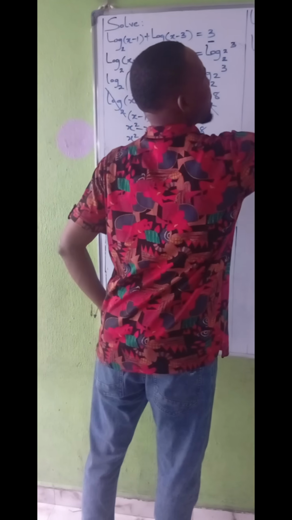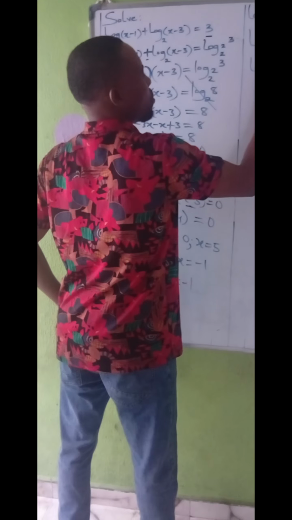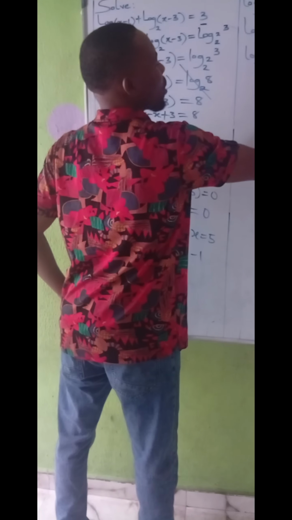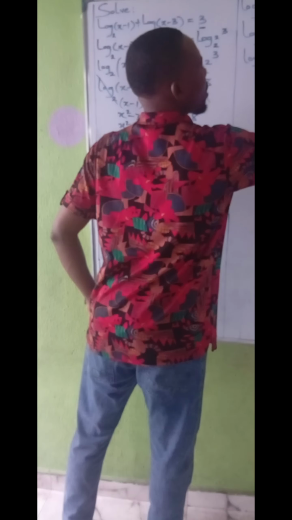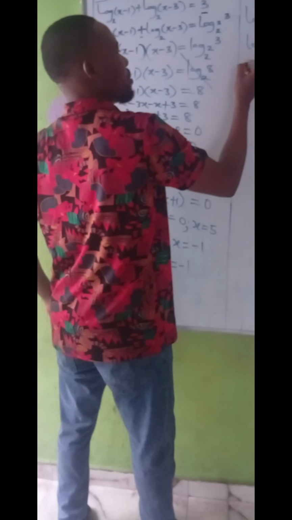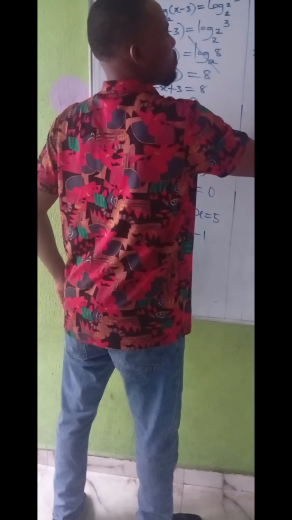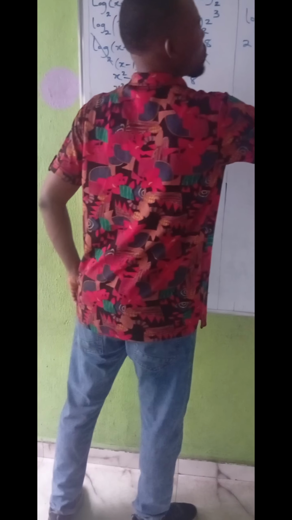Is it equal to 3? Let's find out. Breaking this down, we have log to base 2 of 2 squared plus log to base 2 of 2 equals 3. Taking this back, we have 2 log 2 to base 2 plus log 2 to base 2 equals 3.